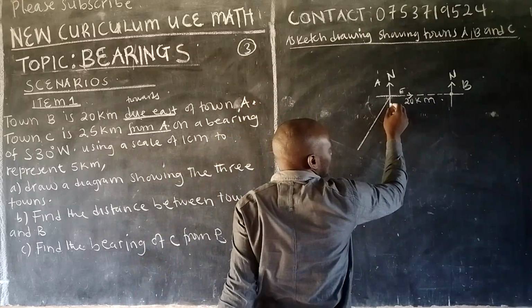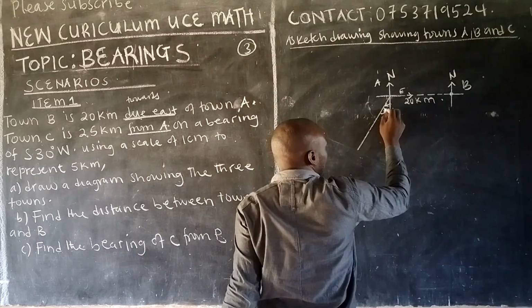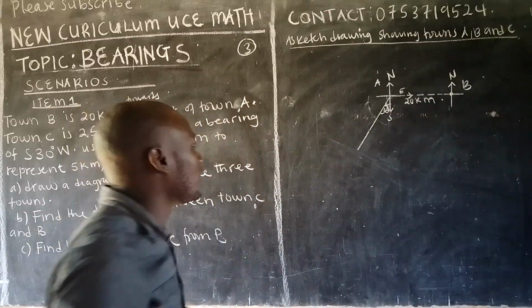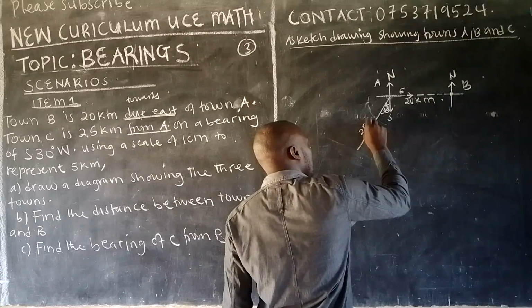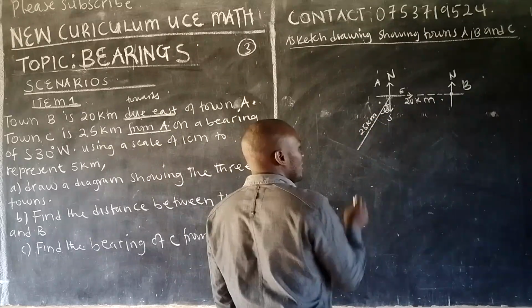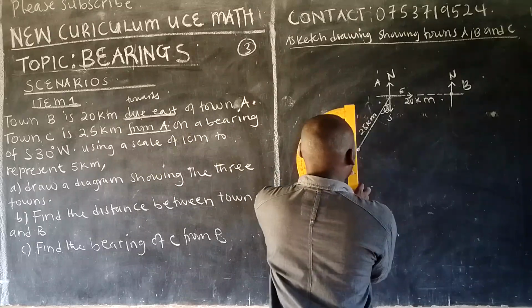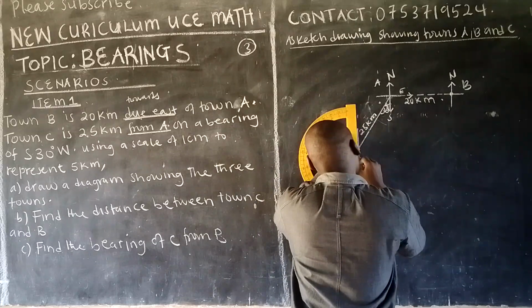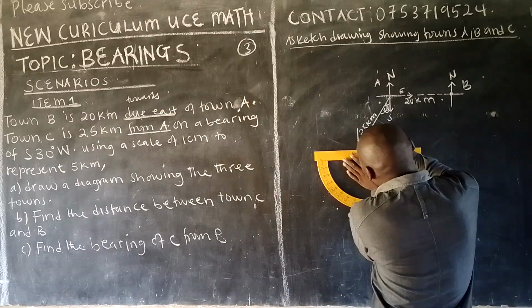Here, like this, it is 30 degrees. That is our 30 degrees. Hope you can see that. Now, in front this side, this one here is 25 kilometers. Here you don't measure. Now in front here is where you shall find our town C. All right, good.